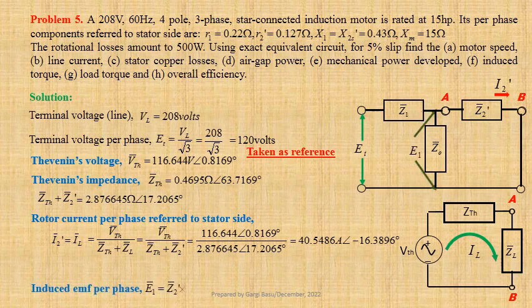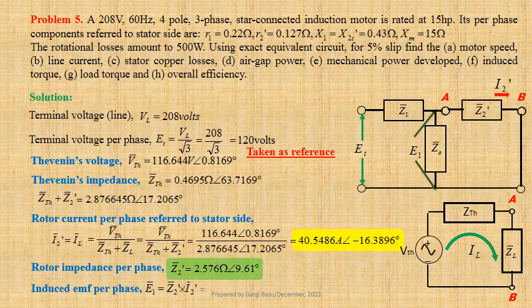Now we shall determine induced EMF per phase. E1 equals Z2' into I2'. We have obtained rotor impedance per phase referred to the stator Z2' equals 2.576 ohm at an angle 9.61 degree.